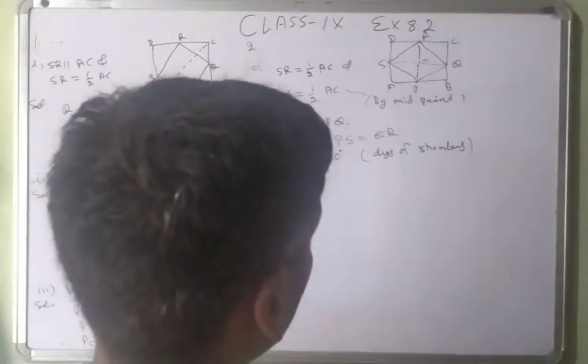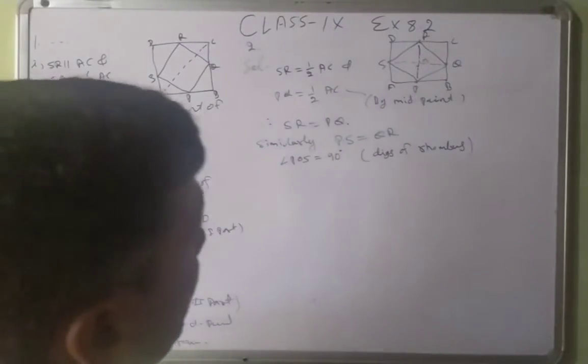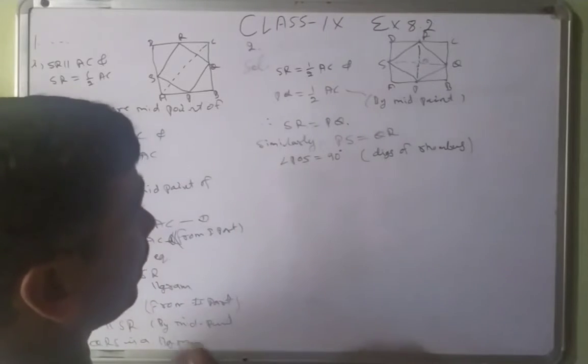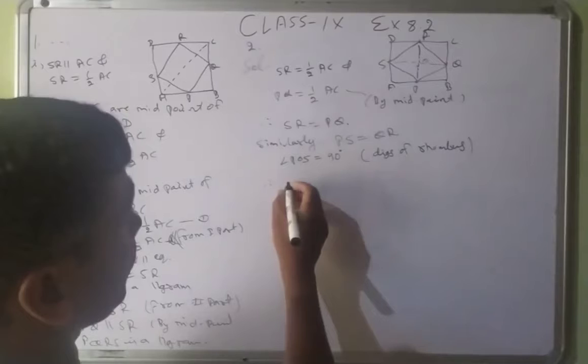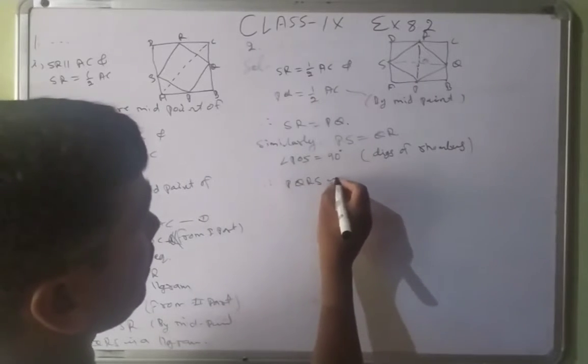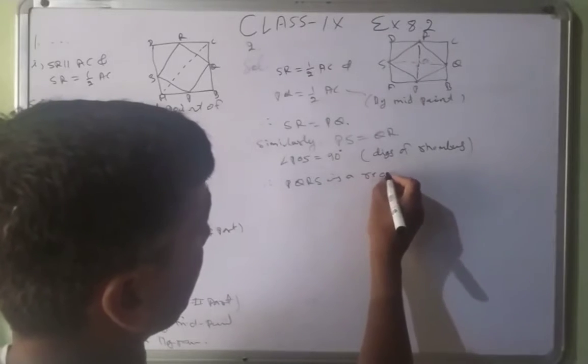If the diagonals bisect at 90 degrees and opposite sides are equal, then it will be a rectangle. So PQRS is a rectangle.